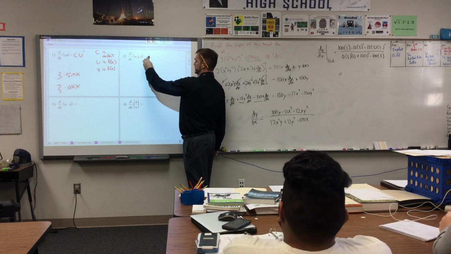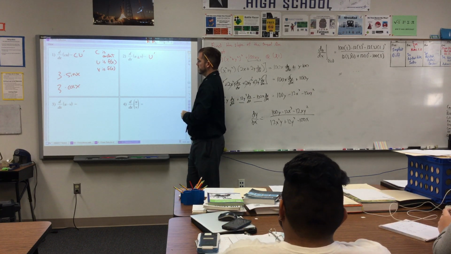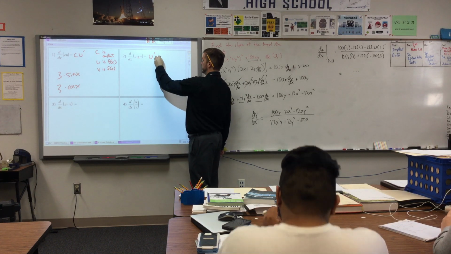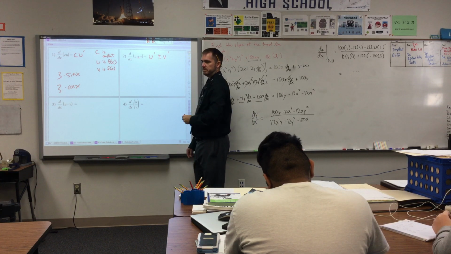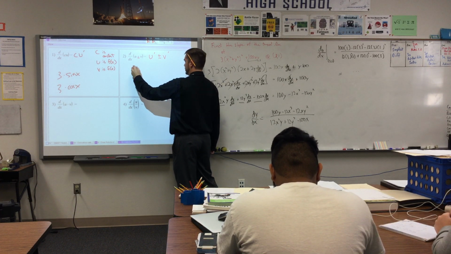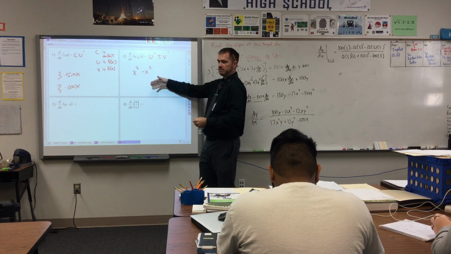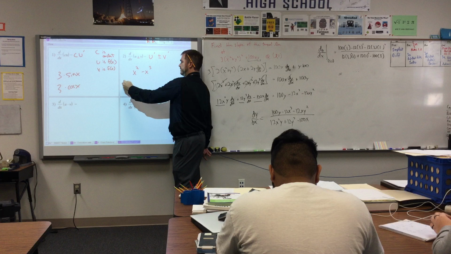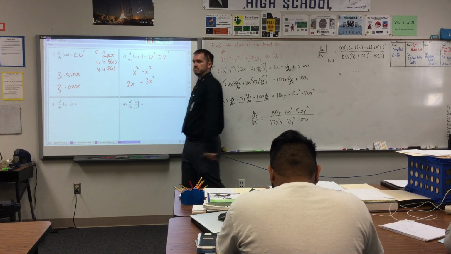And the answer is derivative plus or minus the derivative. So it's going to be u prime plus or minus, whatever the case may be, v prime. An example of this might be x squared minus x cubed. If you want to take the derivative of that, it's going to be the derivative of this term minus the derivative of this term.